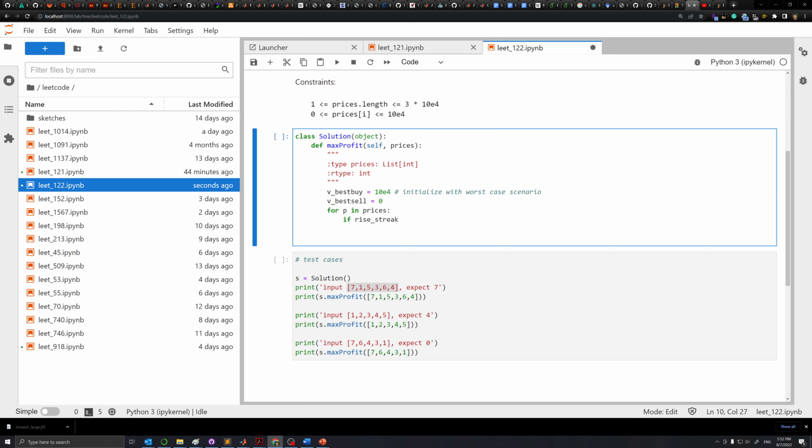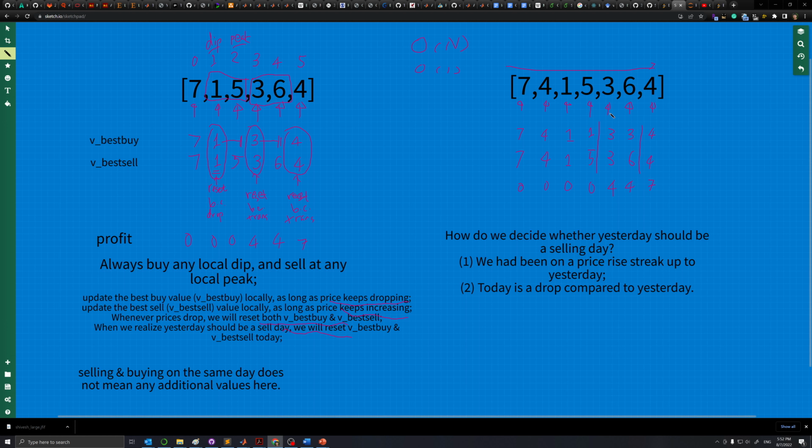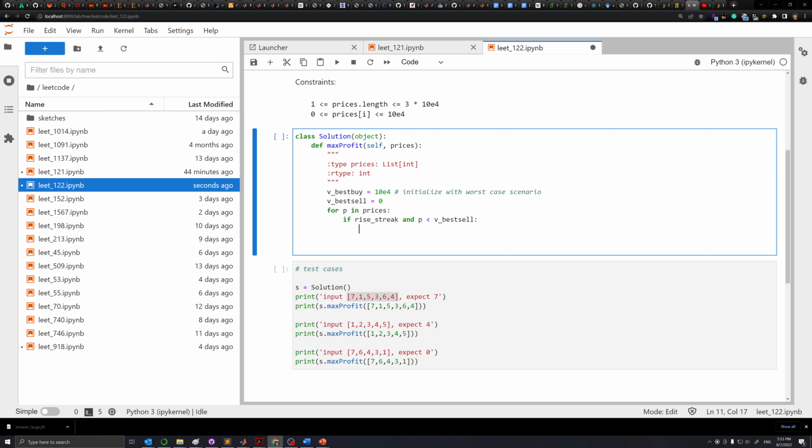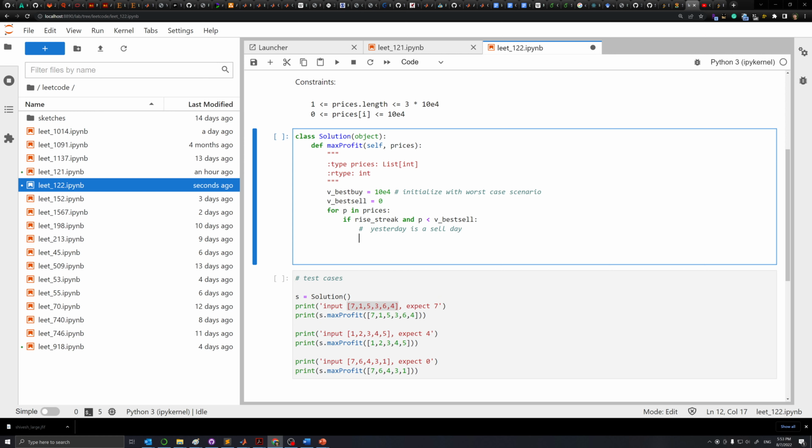And our current price is 3, which is lower than our best sell value, so p is less than v best sell. This means yesterday is a sell day.